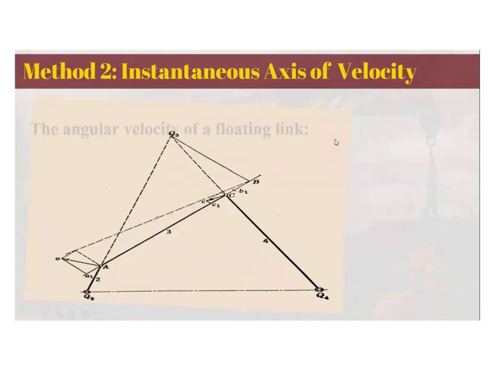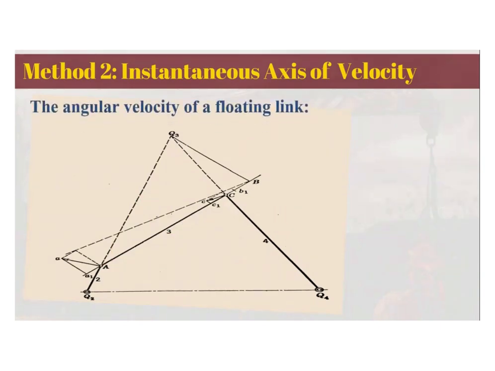To solve for omega, the angular velocity of a floating link, we can simply use the formula: angular velocity of this floating link 3 is equal to the absolute velocity of A, whenever it is known, divided by this line here from your centro to the point A.